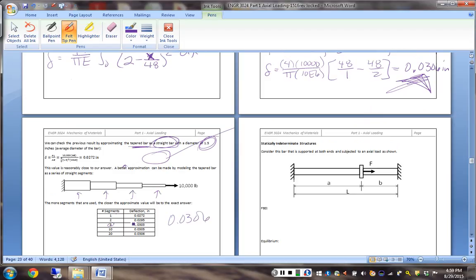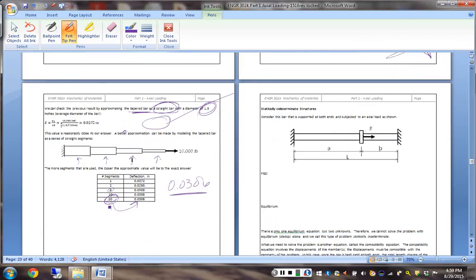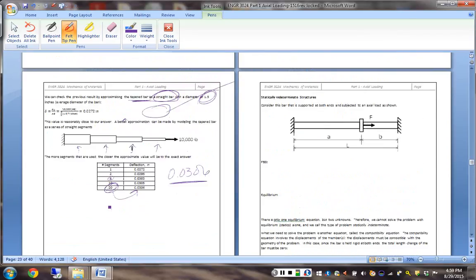And by the time you cut it into 20 segments, your approximation using PL over AE terms actually converges on the exact answer. So that is an illustration of the power of finite element, because you're chopping your structure into finite elements that allow you to do easy math and approximate a much more difficult problem.